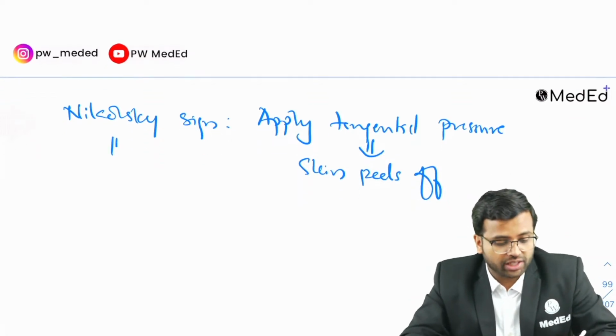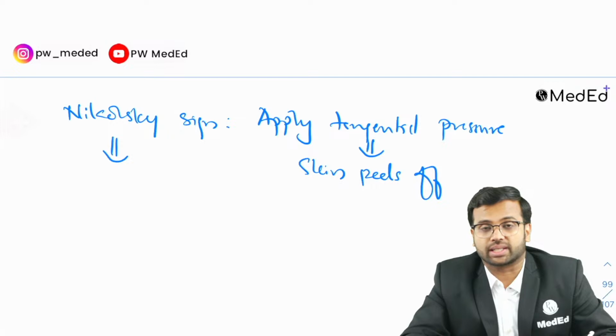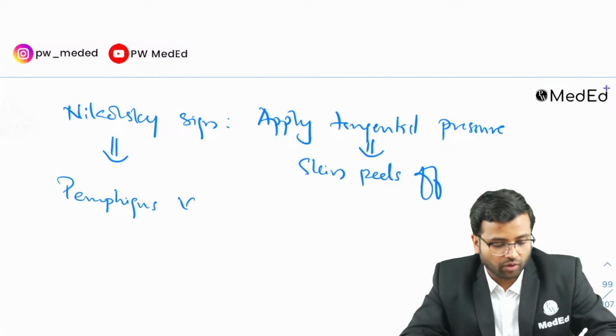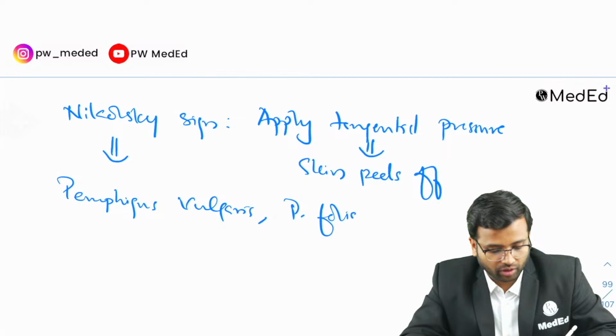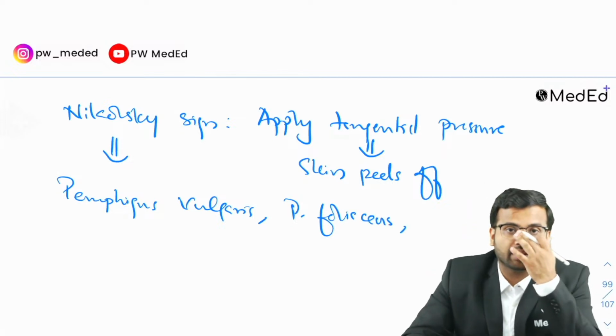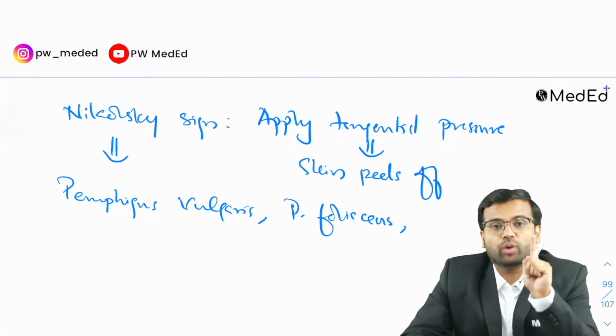Now in which diseases do you find this Nikolsky sign positive? Nikolsky sign positive can be seen in pemphigus vulgaris, pemphigus foliaceus, and this can also be seen when there is a defect of desmoglein 1.